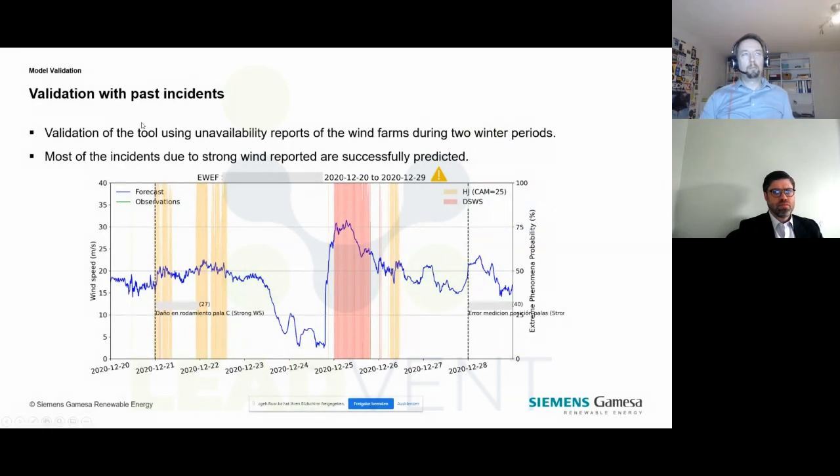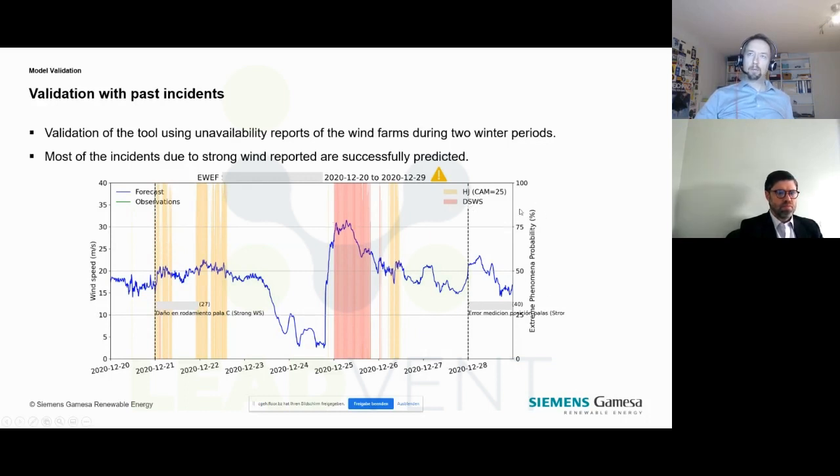Also, we performed some more qualitative validation. So we have here some sample output, where we can see for a certain previous period that we have resimulated, we can see the wind speed as a blue solid line. And then we can also see color-coded as orange the hydraulic jump and the downslope windstorm.